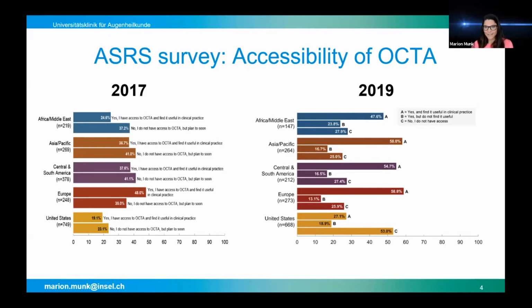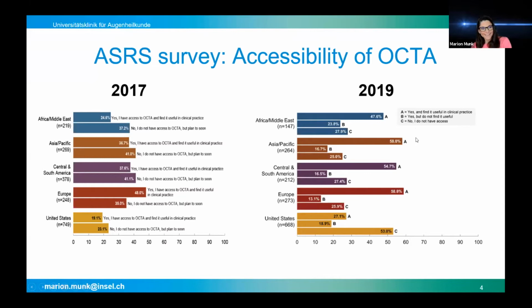You can see here that the numbers from 2017 to 2019 have significantly increased. So not the vast majority, but definitely a majority of people have access to OCTA. Interestingly, in the United States, the accessibility of OCTA is lowest when you compare it to Europe or Central and South America.